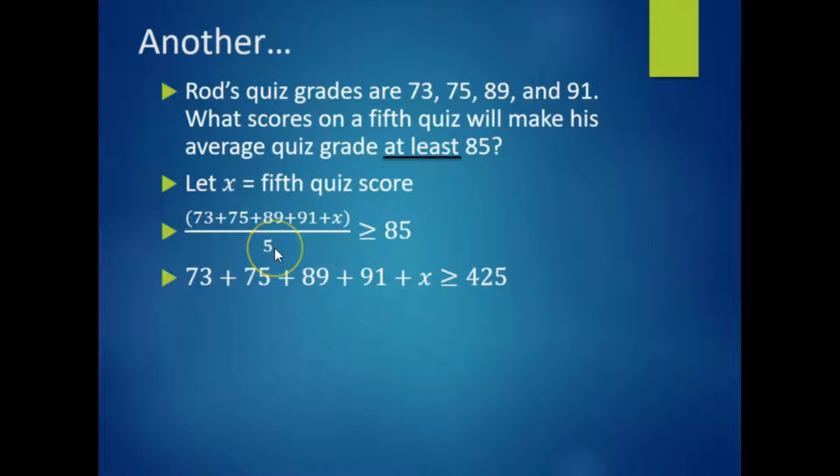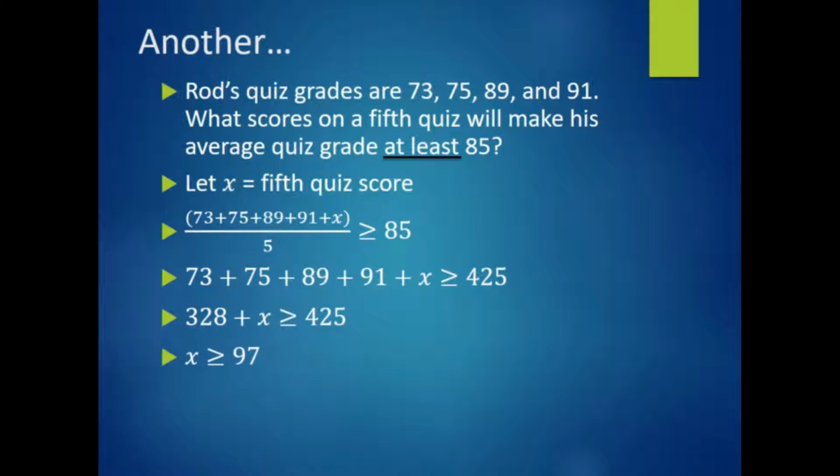The 5 cancels out on the left, and 85 times 5 is 425. We can simplify by adding these quiz grades together, which result in a sum of 328 plus that unknown 5th quiz score. And the only thing to solve this inequality then is to subtract 328 from both sides.